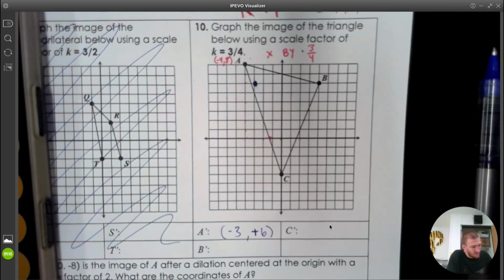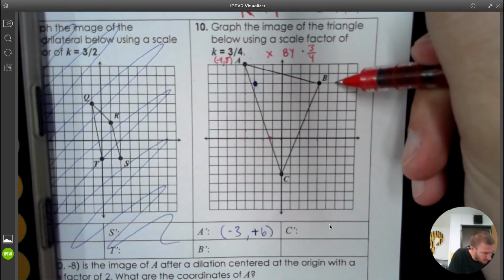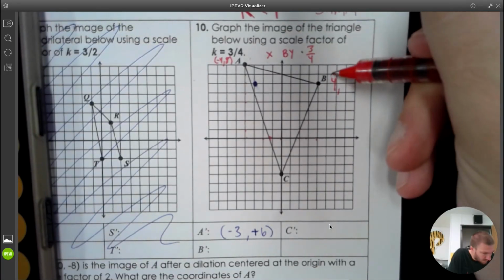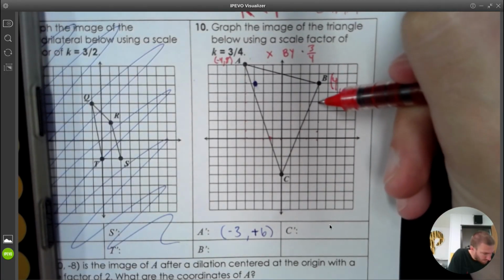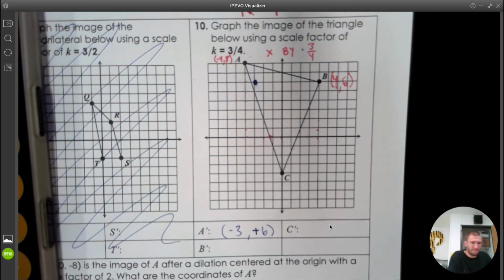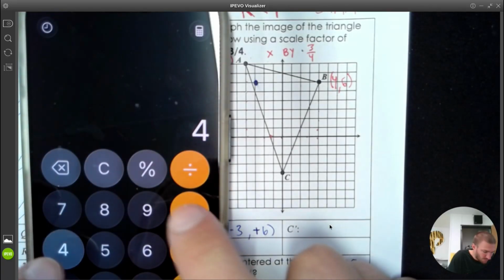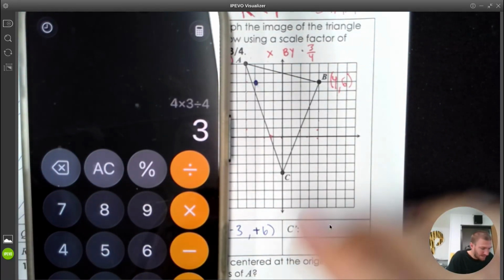Okay, let's go to this next shape, this next point B here. 1, 2, 3, 4. This is 4. And 1, 2, 3, 4, 5, 6. This is 6. Okay, what is my B prime going to be? 4 times 3 divided by 4 is 3.